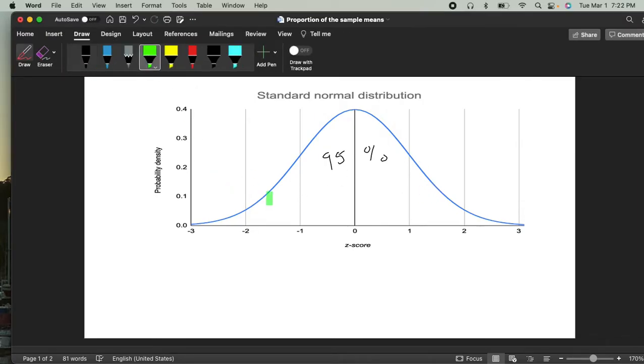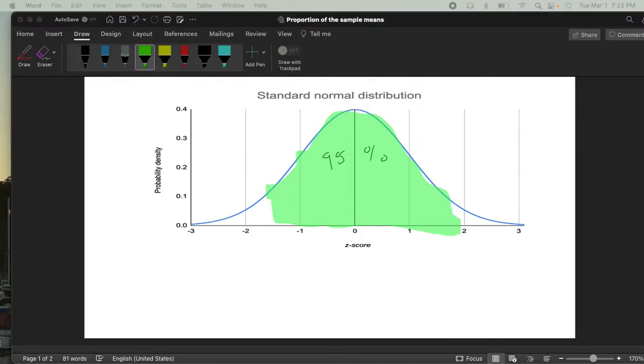We don't know, so we're going to have to find where those 95% of the values are. To do this, we are going to have to use our C table.